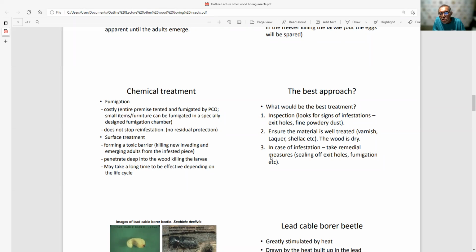Okay. The best approach, what would be the best treatment? Inspection again. The best treatment is actually hygiene. It's actually inspection.